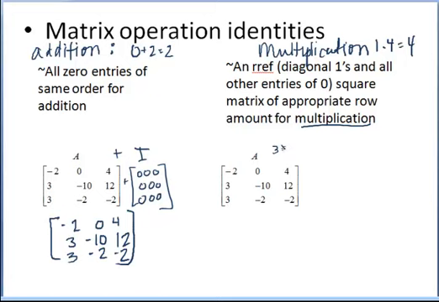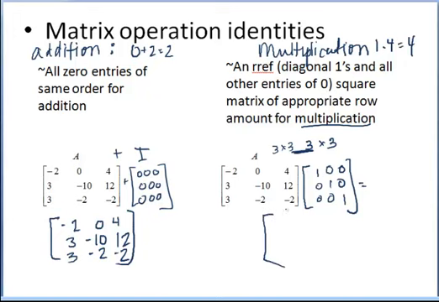Since this is a 3 by 3, we would also need a 3 by 3, so that those line up, and it's a square. So here we would have a 1, 1, 1, 0, 0, 0, 0, 0, 0. What I would like you to do is go ahead and try to multiply those out.